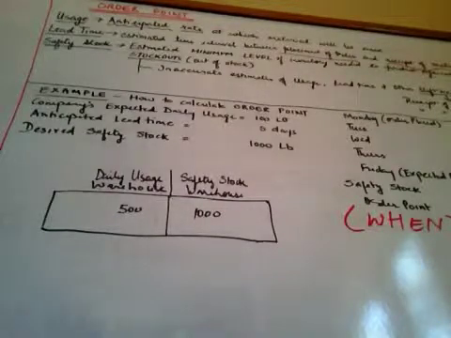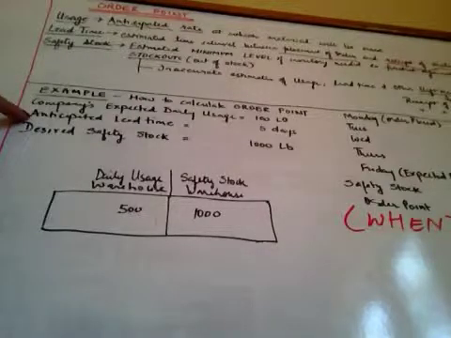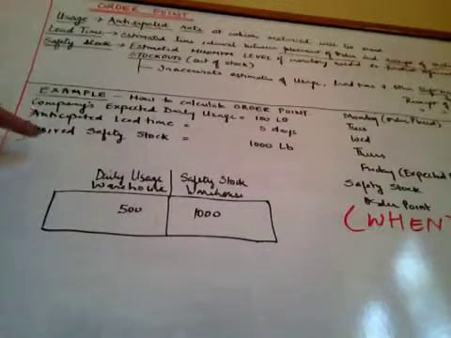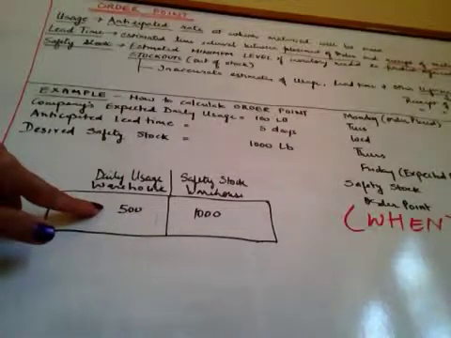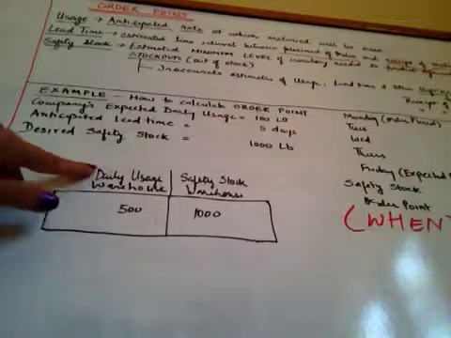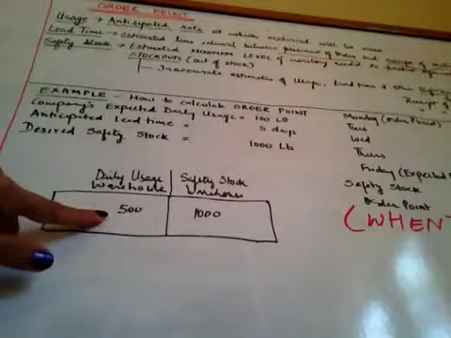It means from the day the order is placed, it's going to take 5 days for the company to get the order. So this times this is what the company needs to have in the warehouse.